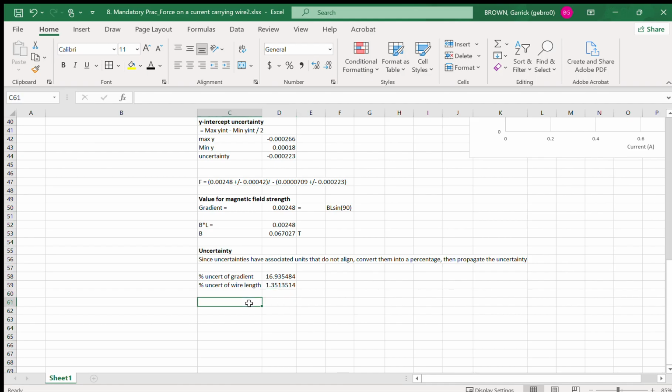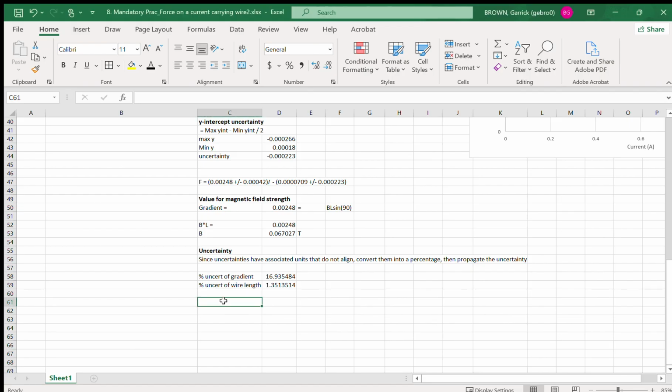Okay. So finally, we can propagate this uncertainty, and since we are dividing our values together, we can just add our percentages together.